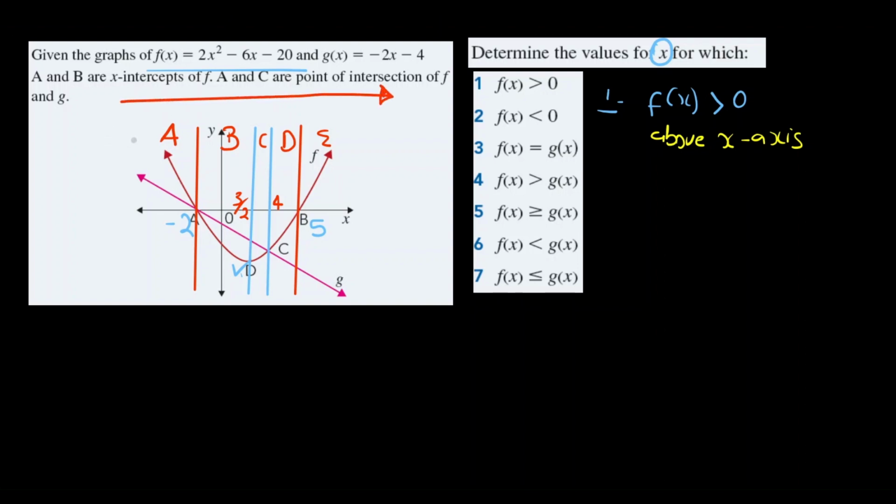So from the left hand side, you can see this graph comes somewhere from -infinity and then it intersects at A, right? But when it intersects at A, it goes below, and then it intersects at B again, then it comes above again.